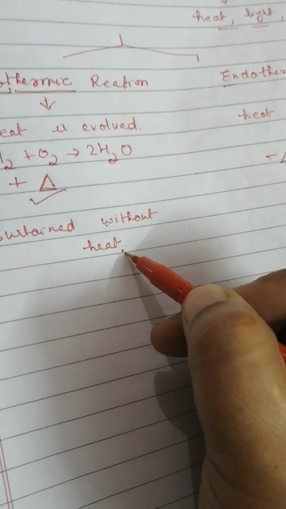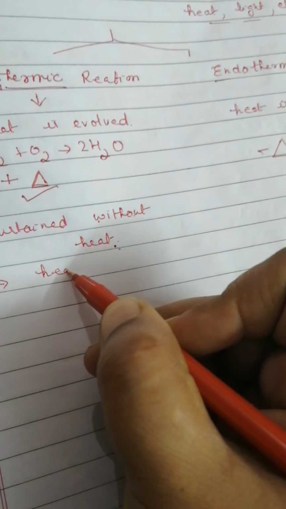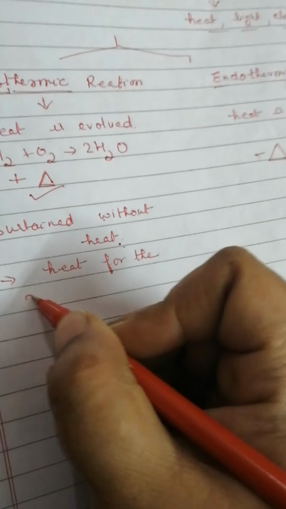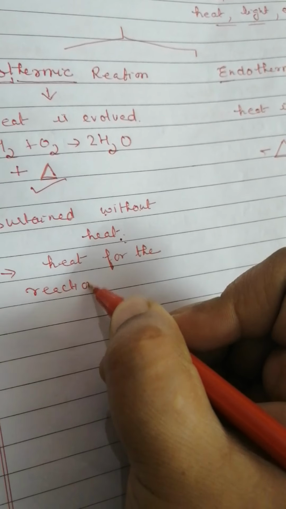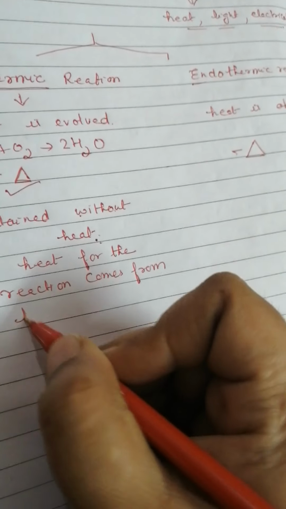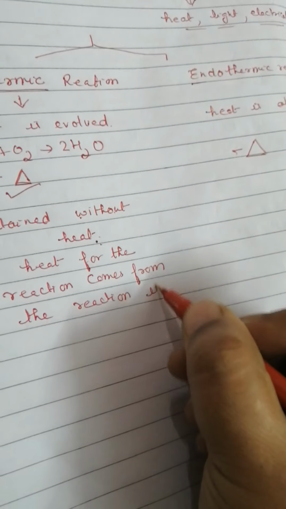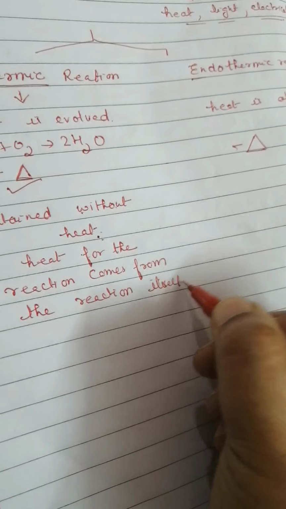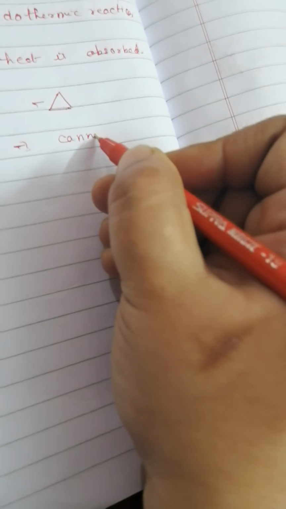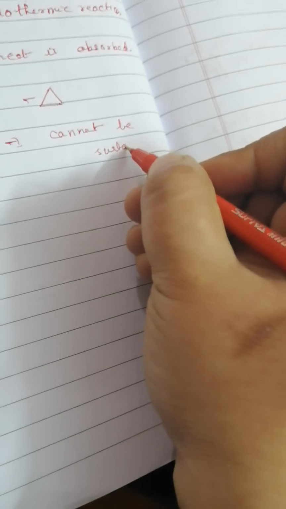No heat energy will be required, because the heat for the reaction comes from the reaction itself. So this can be sustained without heating, while an endothermic reaction cannot be sustained without the absorption of heat.